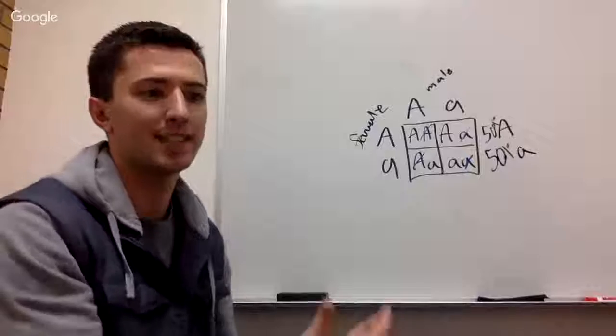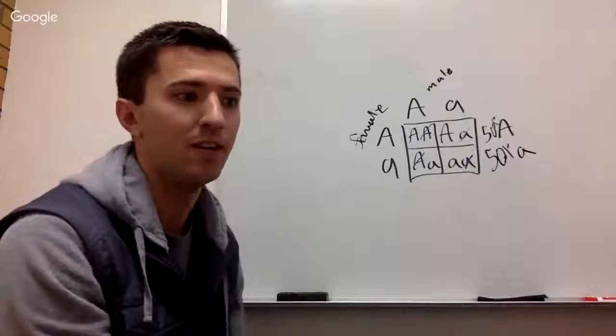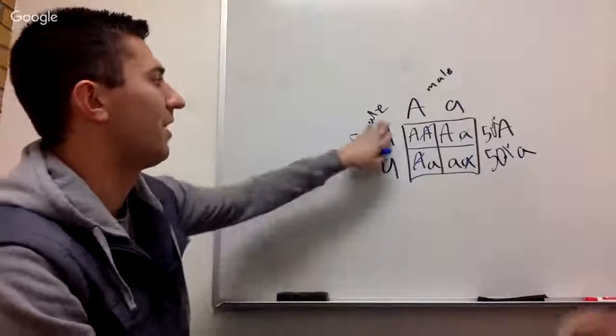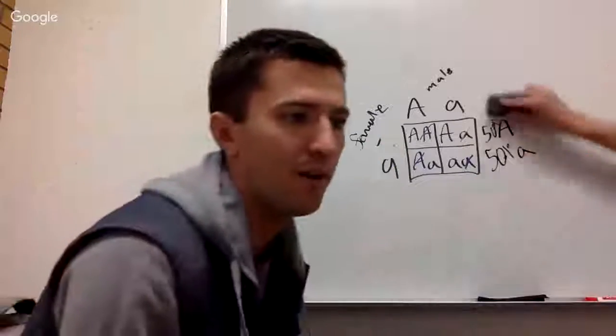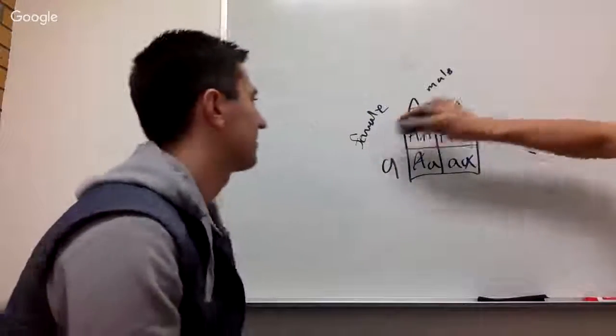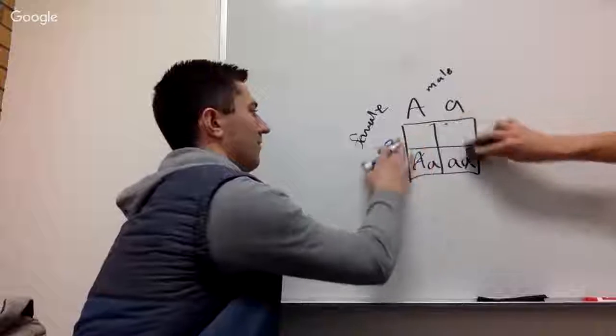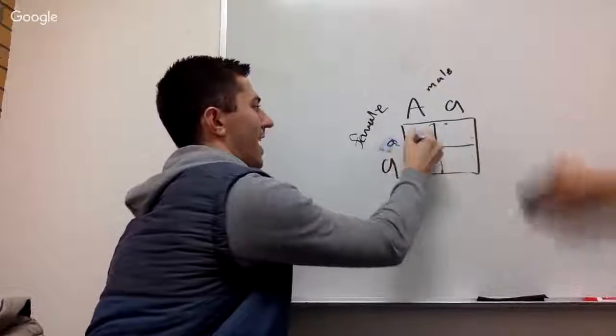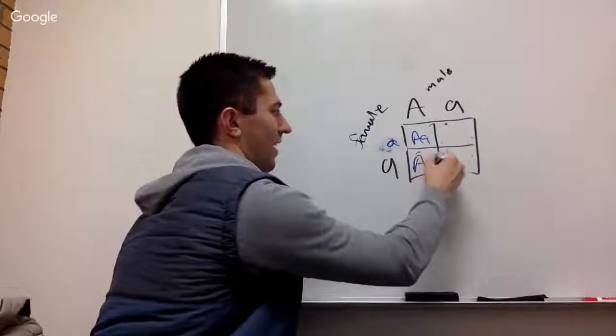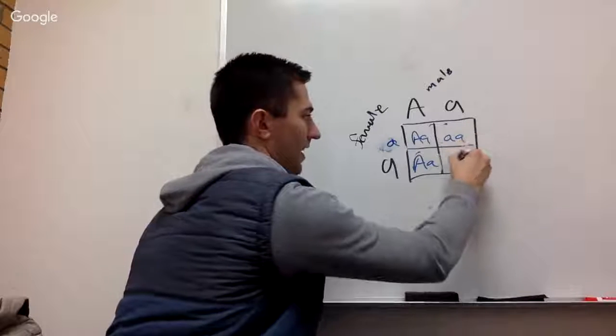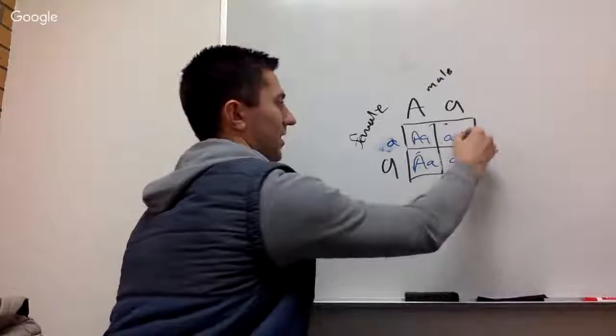To do part B, you do the exact same, except it would be a little a for the female, I believe. Yes. So you're going to get A. And you just do the same thing. You cross that.